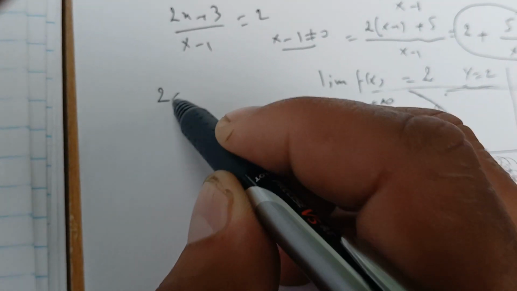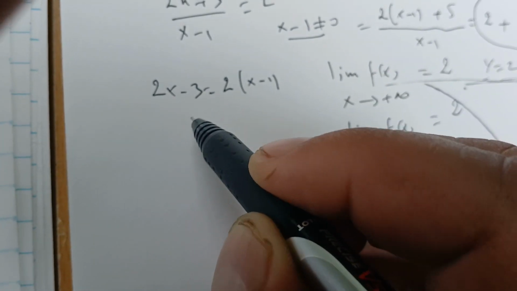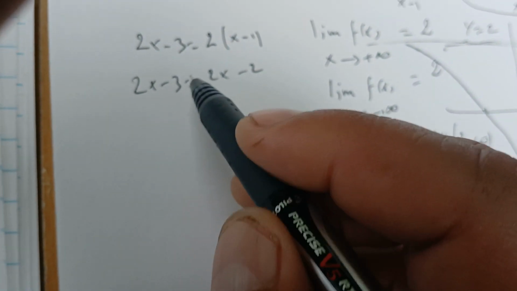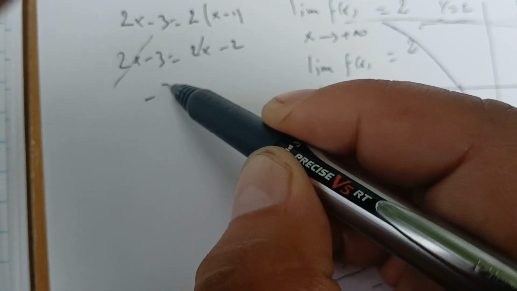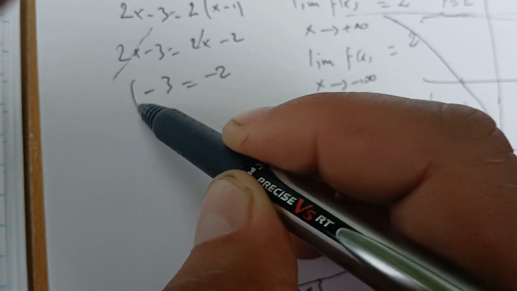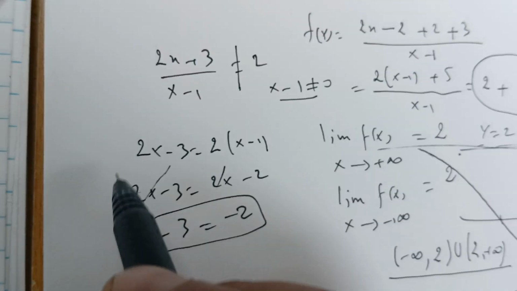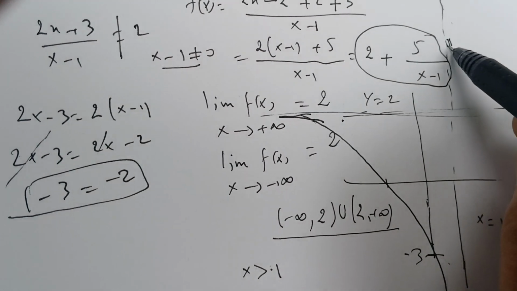So we get 2x plus 3 equal to 2x minus 2. Now we cancel 2x, and we get 3 is equal to minus 2. This can never happen. That means this is always different from 2. That's why we don't reach this 2. We get close to it, but we never reach it.